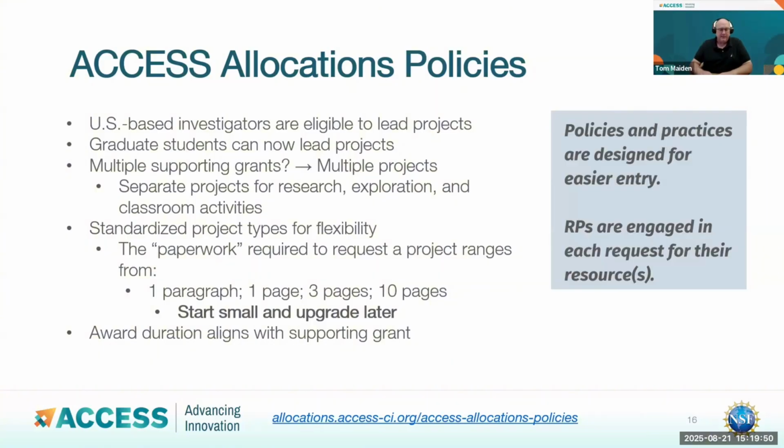You can split your computation that way. It's a nice thing for large groups that may have a bunch of different graduate students working on different things. So it may not matter to you, but it matters a lot to some.